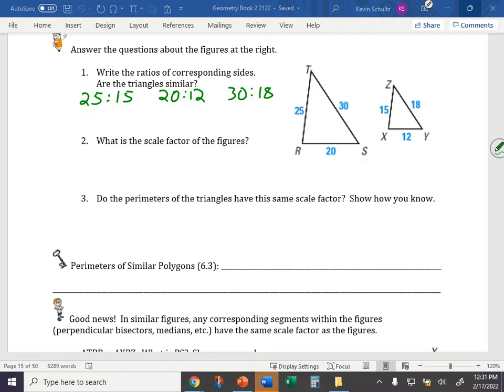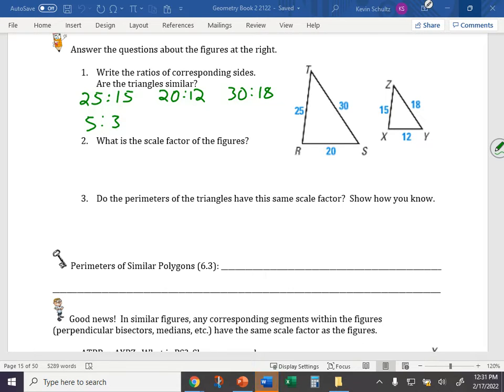And by looking at those ratios, how can we determine whether or not they are similar? I mean, they look similar, but we have talked about the dangers of assuming similarity. How can we determine whether or not these are indeed similar by looking at those ratios made by those corresponding sides? Peter? Simplify the ratios. What does 25 to 15 simplify to be? 5 to 3.